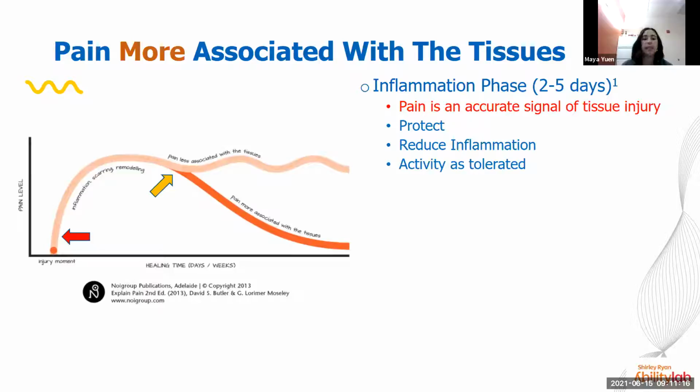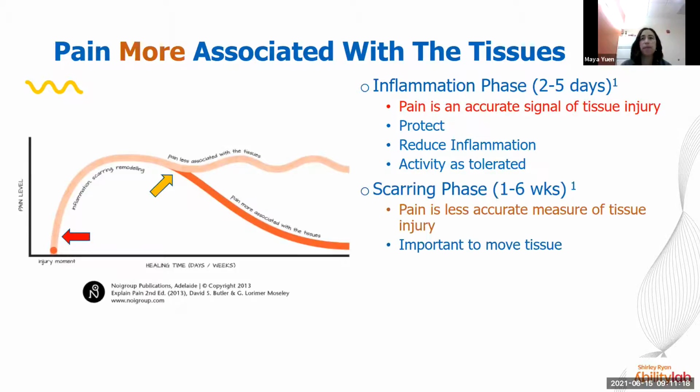This is the time when the body's laying down tissue. The goal of this phase is definitely to start moving tissue and helping the new tissue that's being laid down to work properly. Pain is still a measure of injury, but it's less of an accurate measure of injury. So we have to look at multiple things.